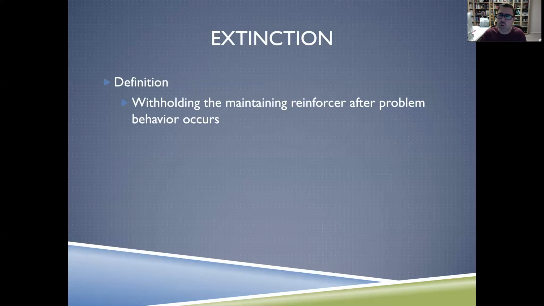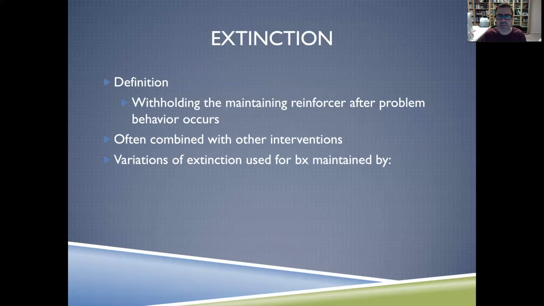I can no longer deliver the reinforcer, prevent the reinforcer from being delivered. And if I do that, and I combine it with other interventions, I may see a decrease in the problem behavior, just like we see a decrease in any behaviors if they stop producing reinforcement.